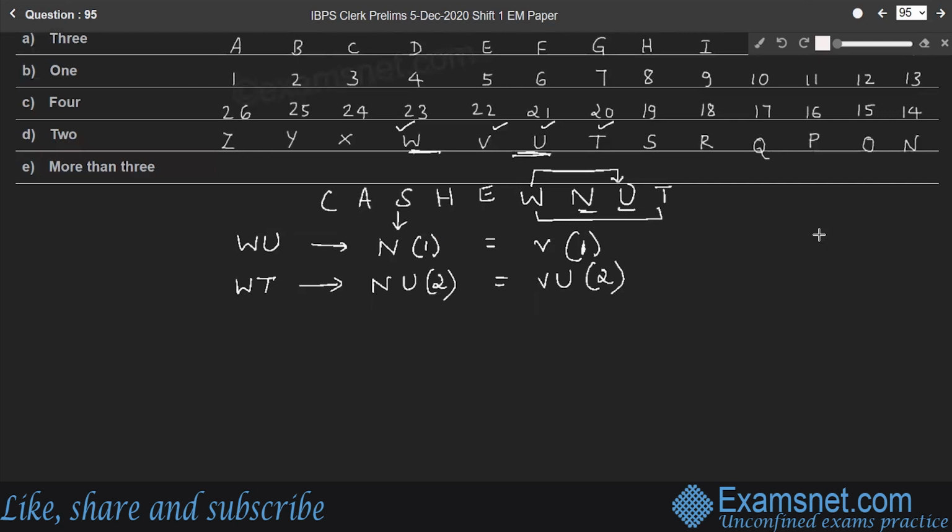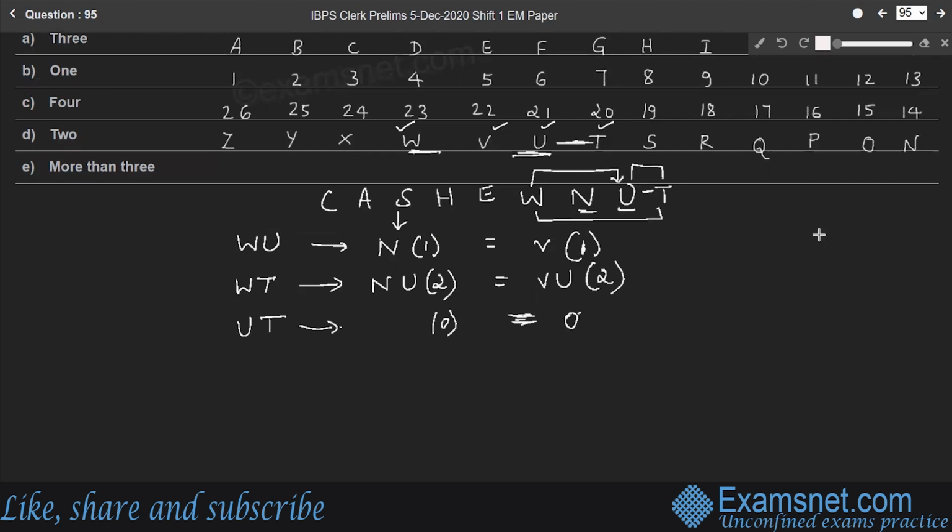And the third pair is U and T. They are consecutive letters, so the number of letters between them is 0 here. There is no letter. In the actual alphabetical series between U and T, there is no letter.